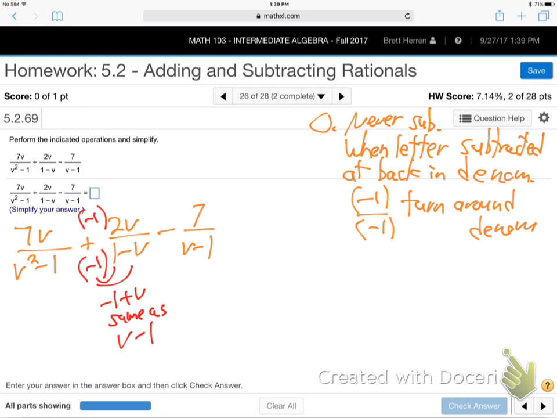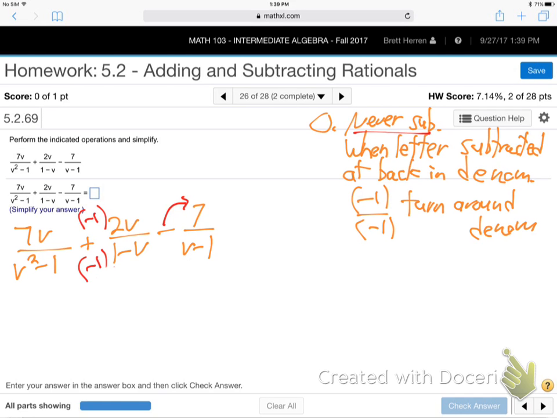You can't have letters subtracted at the back in any denominators. And not only that, we never subtract. So that's going to go up there, and we're going to add a negative 7 instead of subtracting 7. Is that good? So when all is said and done, here's what we'll have.